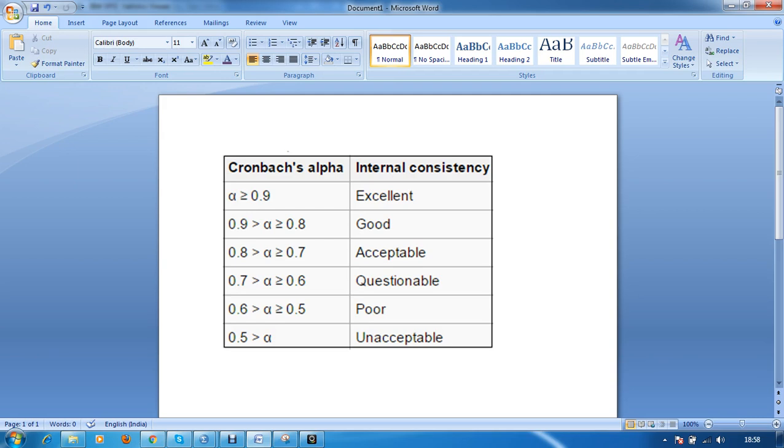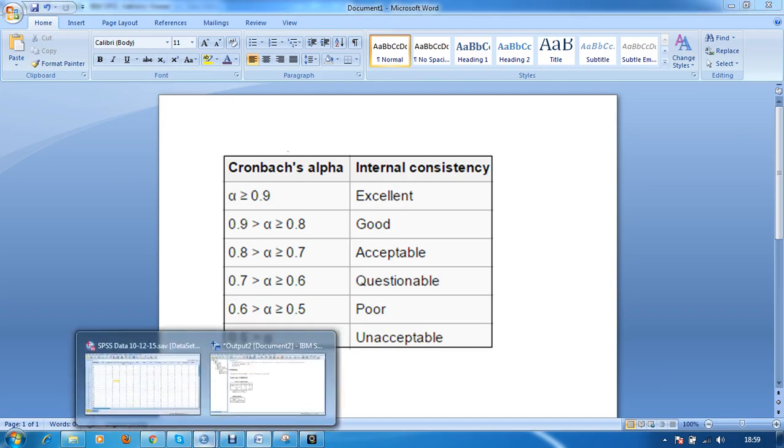Whereas if I have a value lying between 0.9 and 0.8, it is considered good. And in the final reading, an alpha value greater than 0.9 is considered excellent. This is the table that we need to consider in order to see whether the questions in my questionnaire are consistent enough to measure what I am trying to measure through my objective.